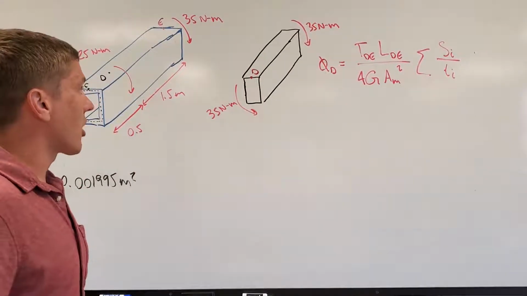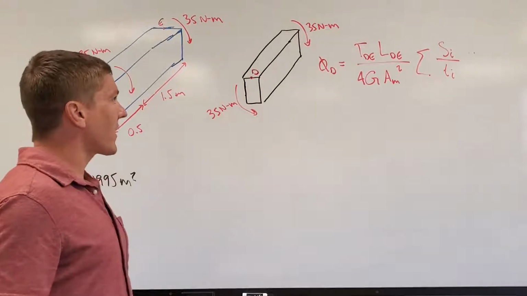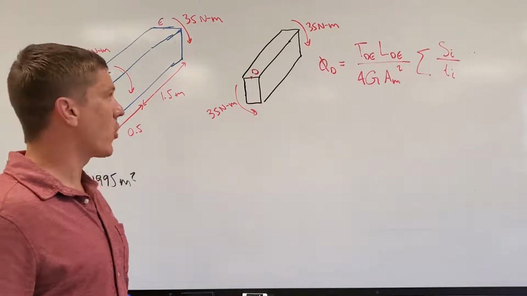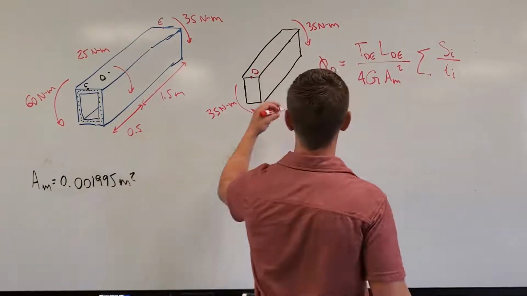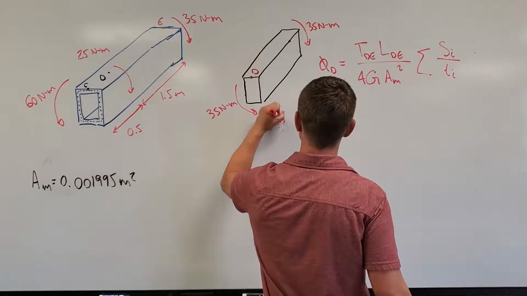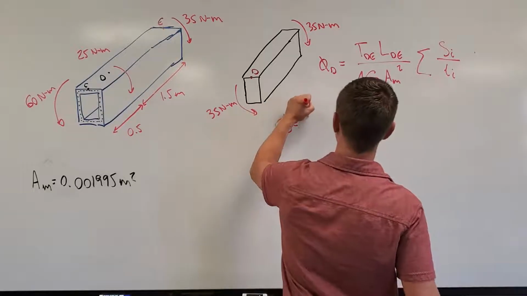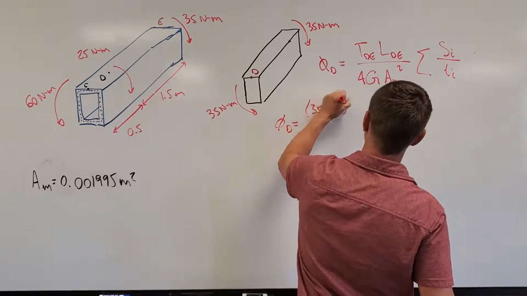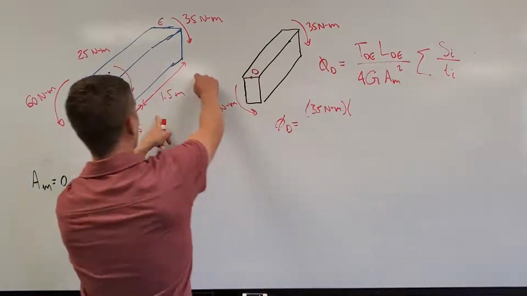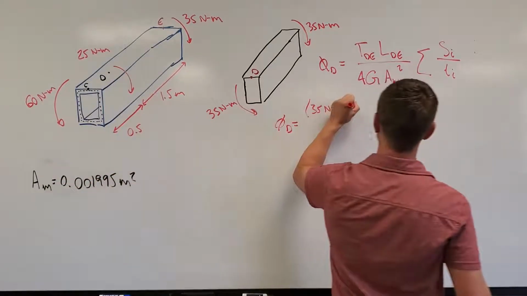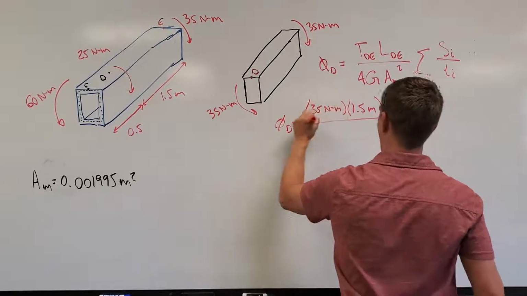Okay, so now we need to start plugging in our knowns for this equation. Our free end rotation of D is going to be our torque, which is 35 Newton meters. The length from D to E was given as 1.5 meters. We have 4.